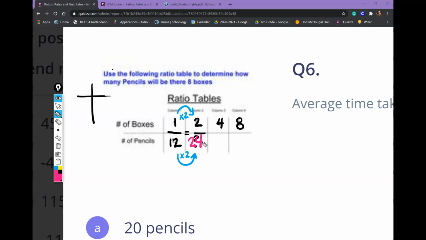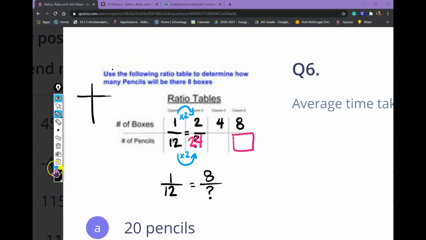But again, I'm trying to figure out what happens when there are 8 boxes. Since this first ratio we have is actually a unit rate, I can set up another proportion: 8 over x, or if you're not comfortable with that, you can put a question mark.